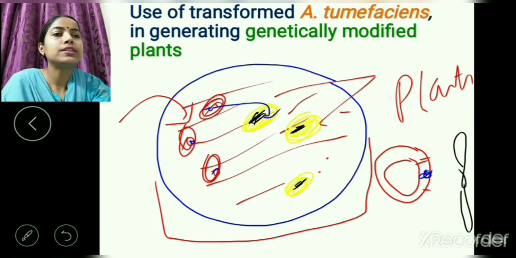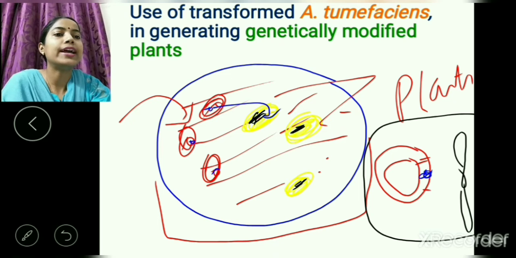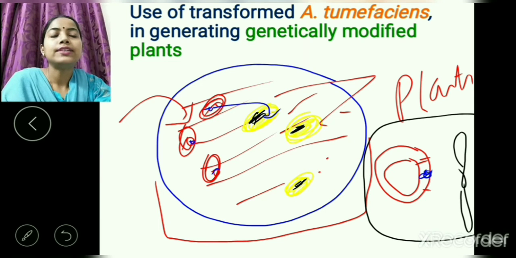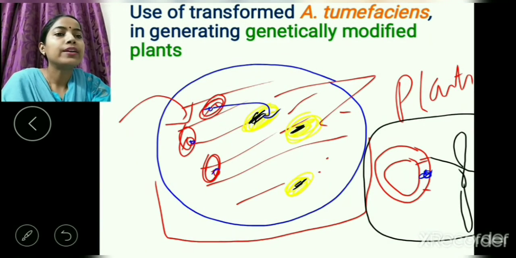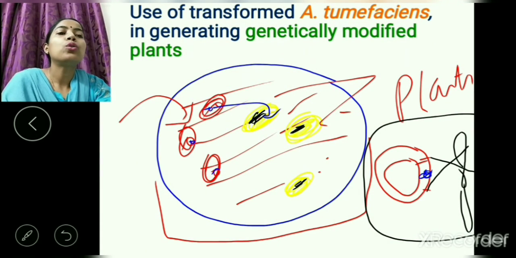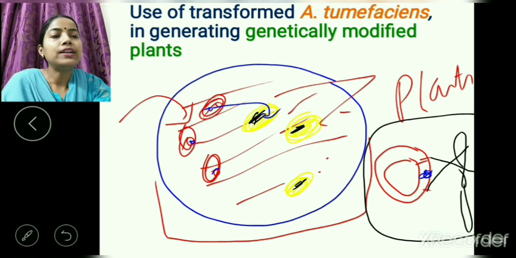Since this is all happening inside the plant cell, because these Agrobacterium tumefaciens have injected their plasmids into the plant cells, the tDNA region will reciprocate with the chromosomes of the plant. So the whole tDNA region will enter into the plant genome, and the plant genome part will enter into the Ti plasmid.